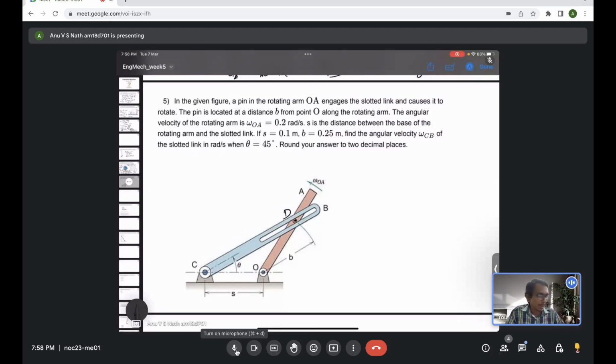So just remember that and try to connect one link to another, and we can try this and then I'll explain.